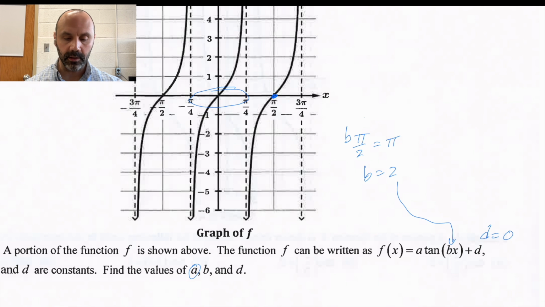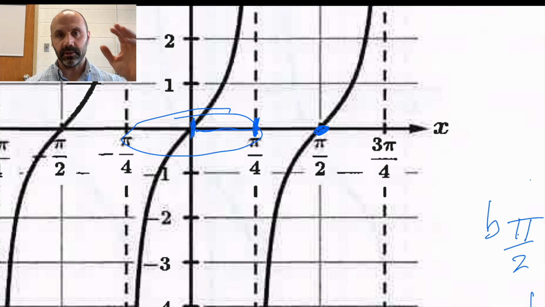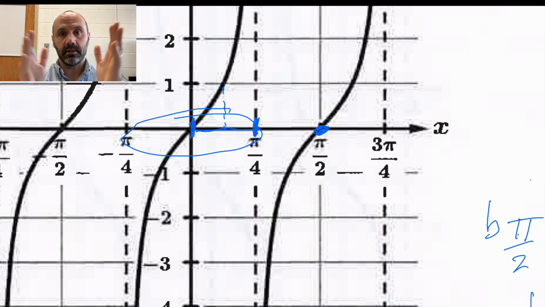Well, again, I know that at what we call the halfway points, so between here and here, on a normal function, the original tangent graph, this middle would be pi over 4. Here it's cut in half because the whole period's been cut in half.